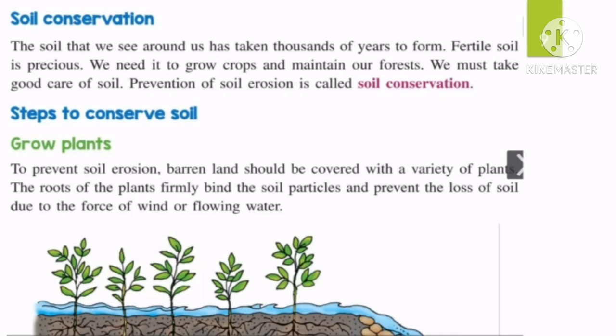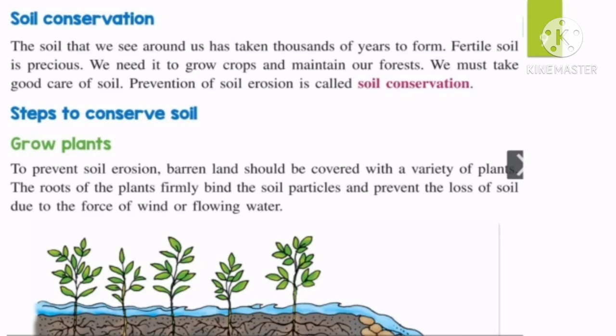Dear class, we don't only want the soil, but we need fertile soil so that we can grow crops over here. If the soil is not fertile, then crops will not grow. And if crops will not be there, what will we eat? Right?